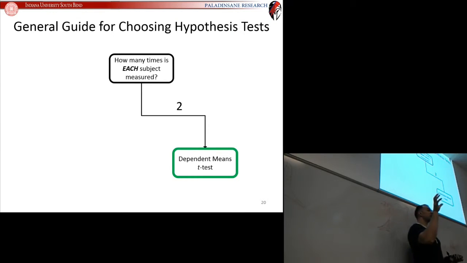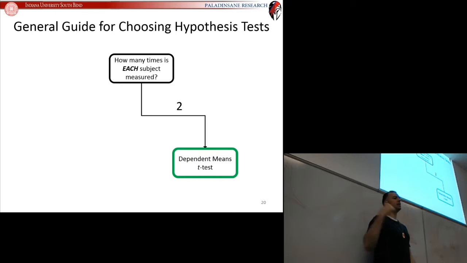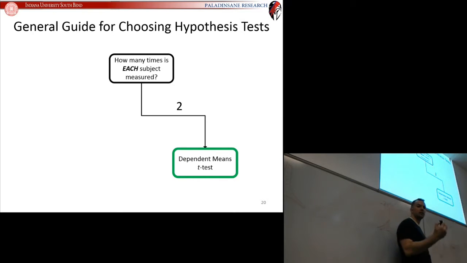If they were measured in the 5-second timeout condition, and then in the 10-second timeout condition, dependent means t-test. If the subjects were measured once before treatment, and once again after treatment, dependent means t-test. If your subjects were measured twice, it's a dependent means t-test.